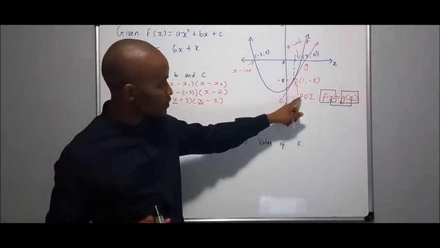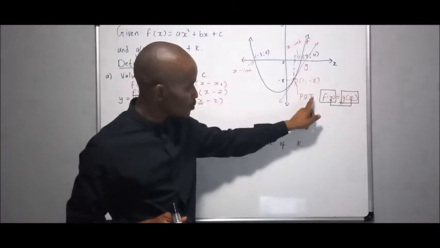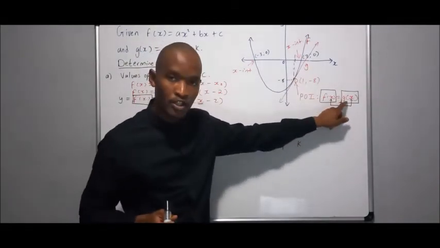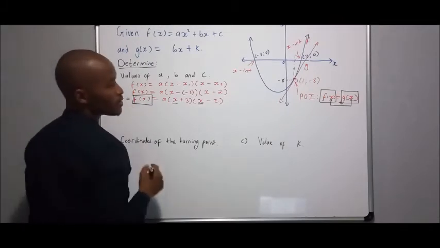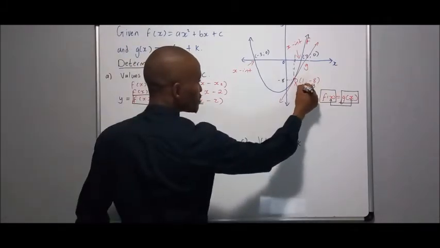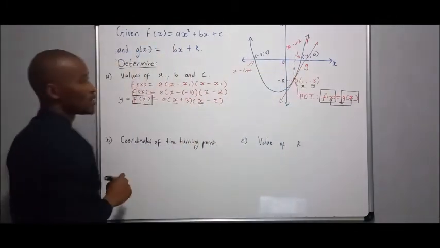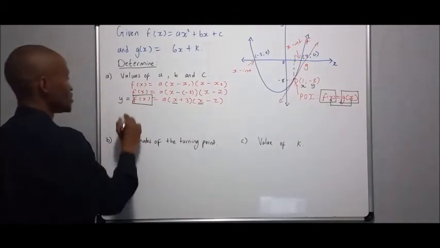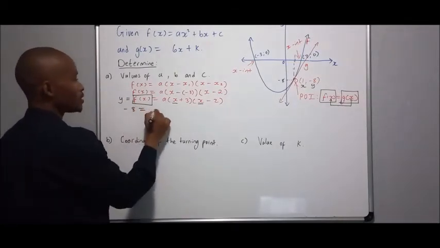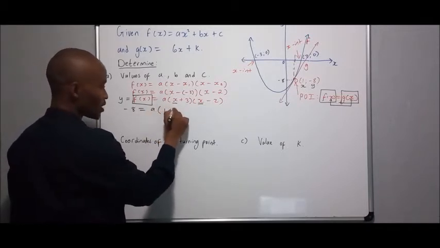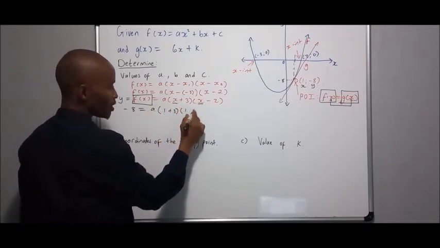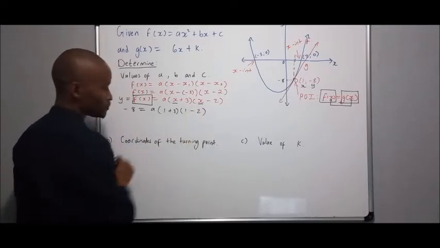Is there another point? Yes, D is a point of intersection. It's a point on F and a point on G, so we're right to use it on F. Your y is your -8 and your x is 1. So we put in -8 for y, and then it's a times 1 plus 3, and then 1 minus 2.